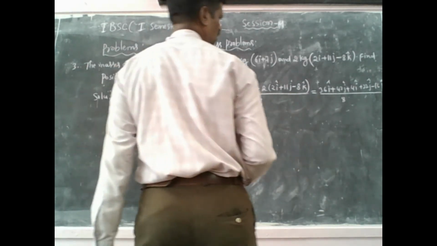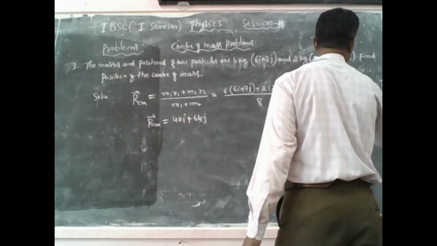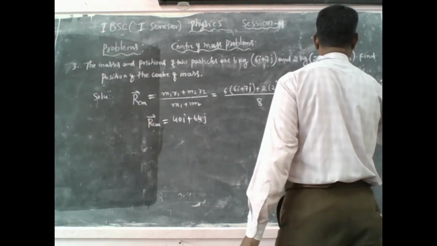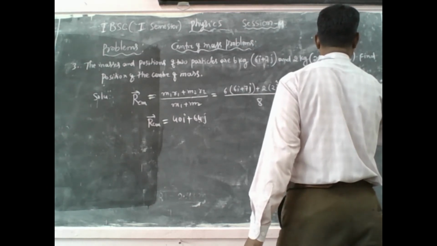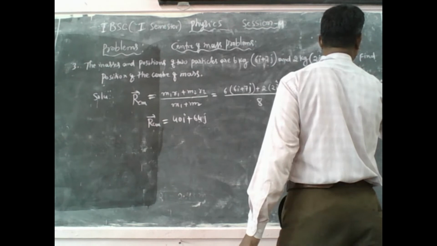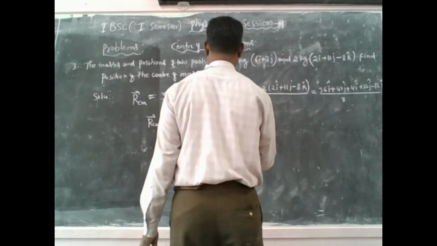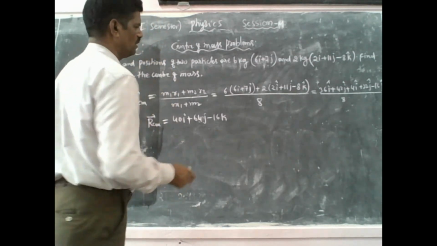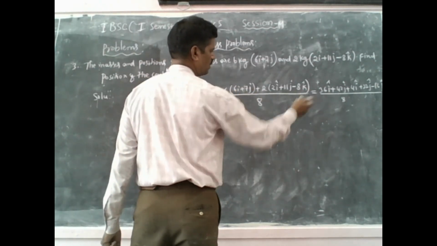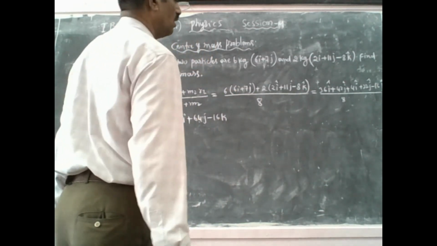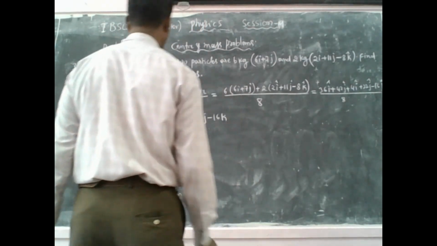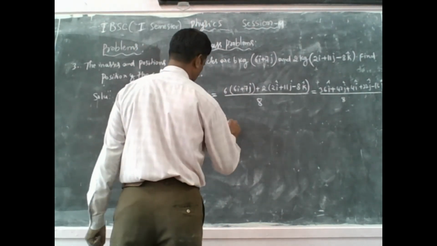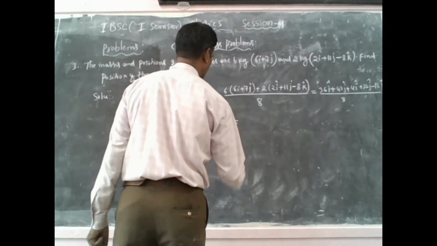Next, minus 16k, because in this there is no k, that's why we have taken 16k directly, divided by 8.